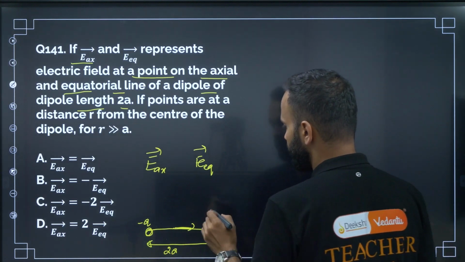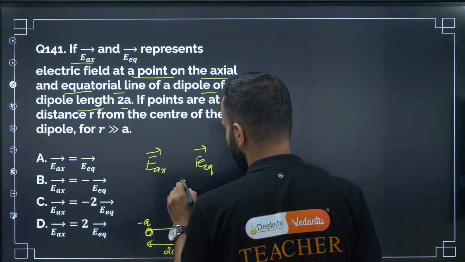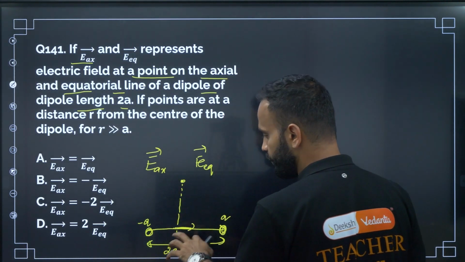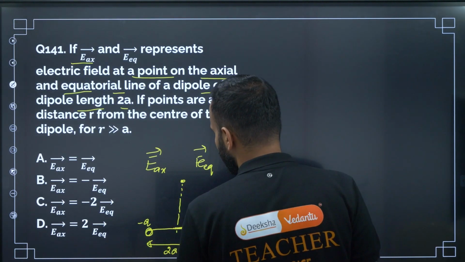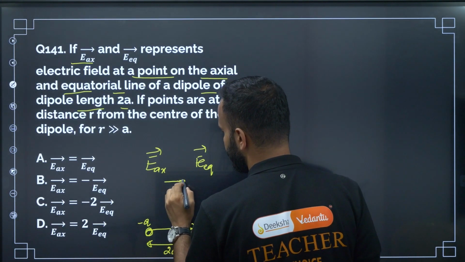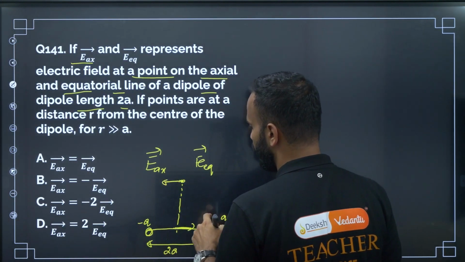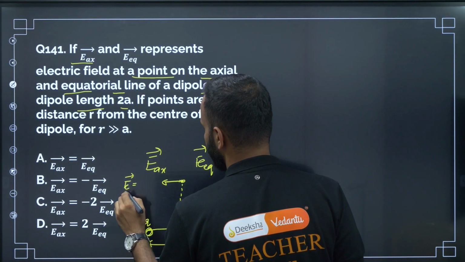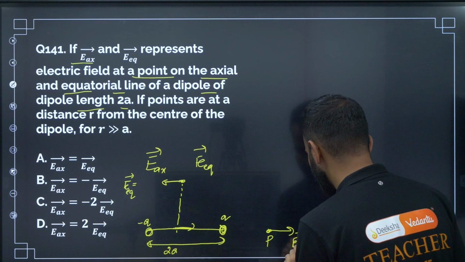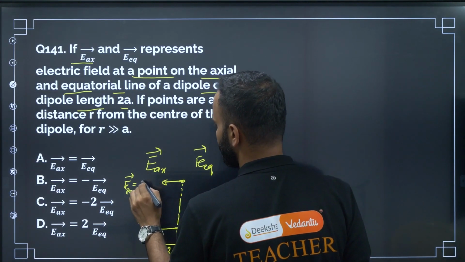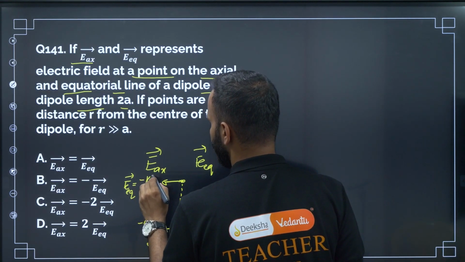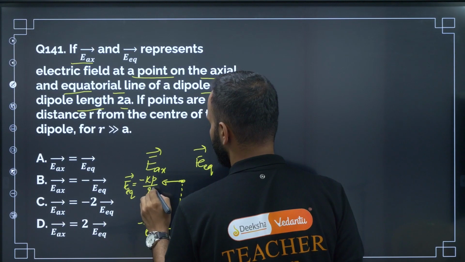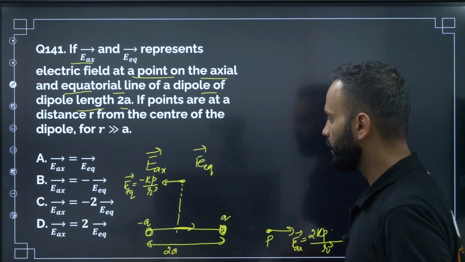Now this is the equatorial point, that is the point lying on the equatorial line of this dipole. Here the electric field at this point is E_EQ, which is equal to minus kp divided by r cube, where k is 1 by 4 pi epsilon naught.